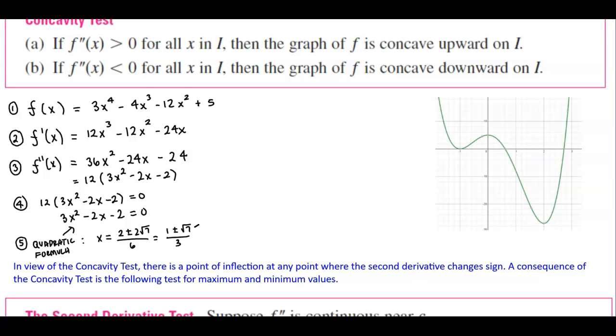Okay, so that's going to give us two values for x. If we round to one decimal place, we get one x value to be 1.2, and the other x value is going to be negative 0.5.